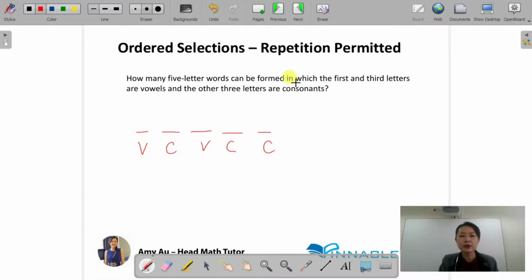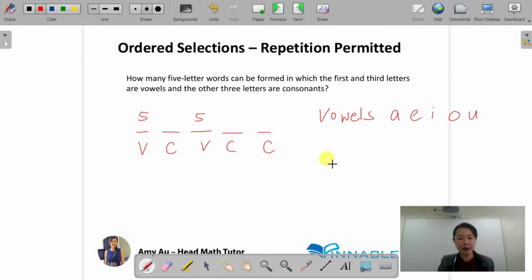The question doesn't say that repetition of the letters is not allowed, so the assumption here is that repetition is permitted. In any question, you're trying to ask yourself: how many ways can I fill out that particular spot? Let's talk about vowels. Vowels include A, E, I, O, U. There are 5 vowels in total, so there are 5 ways to fill these spots.